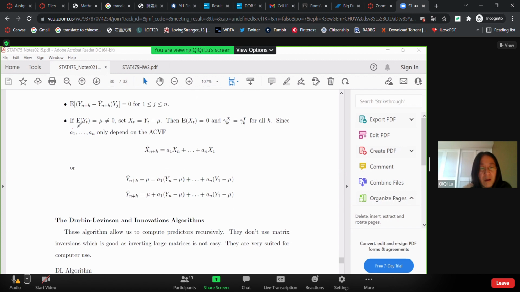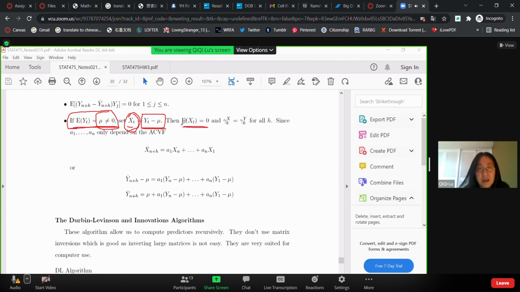So in almost all the calculations we have, we assume the mean is 0. But most times your time series mean is not 0. If the mean is not 0, you just subtract the mean from the original time series to create a new time series we call Xt. So Xt now has mean 0.